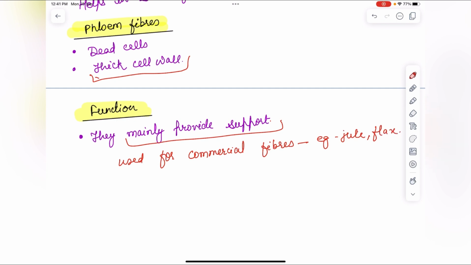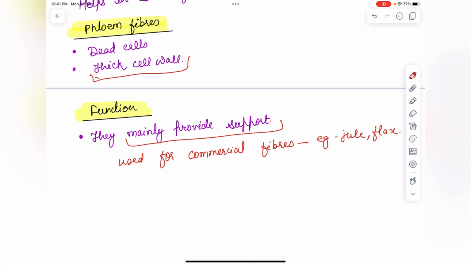flax. The function of the phloem is to transport the food which is prepared in the leaves by photosynthesis. The food is transported in both directions, from the leaves to the storage organs, and later when required, from the storage organs to the growing regions of the plant body.